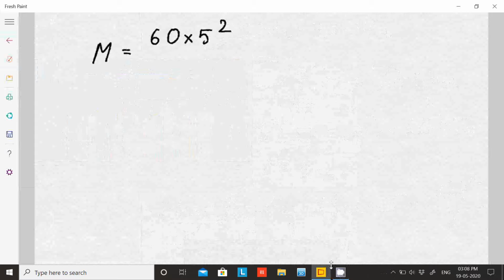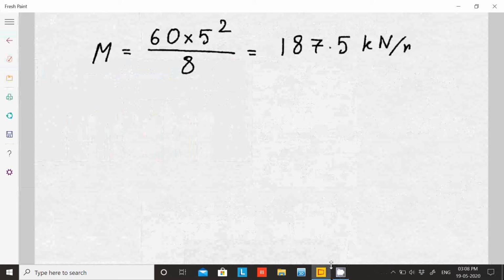M equals 60 into 5 square by 8, which is equal to 187.5 kilonewton meter.